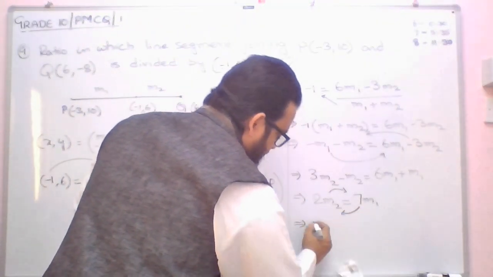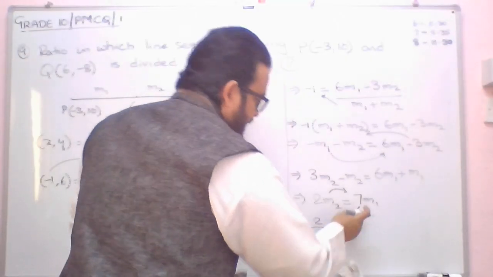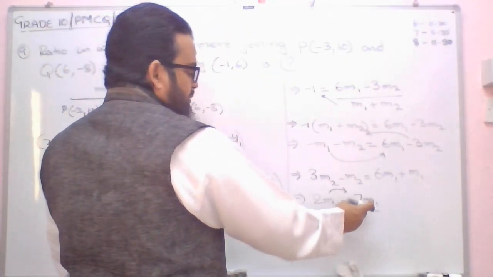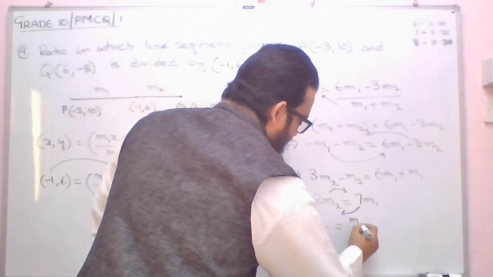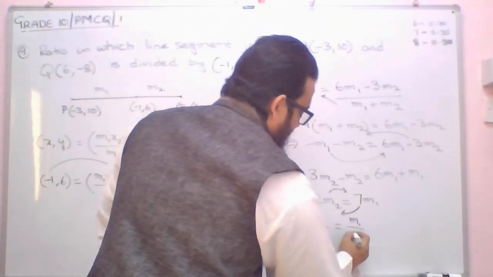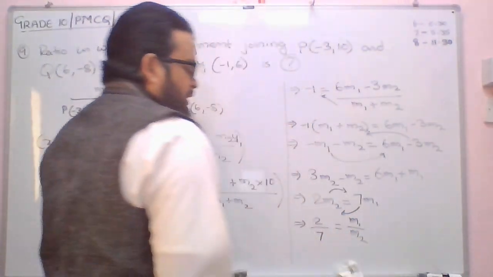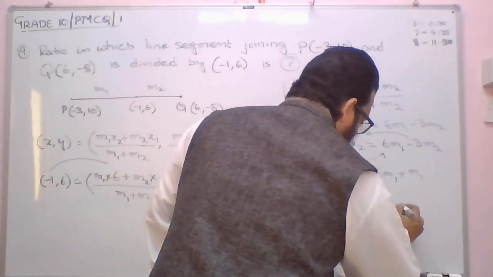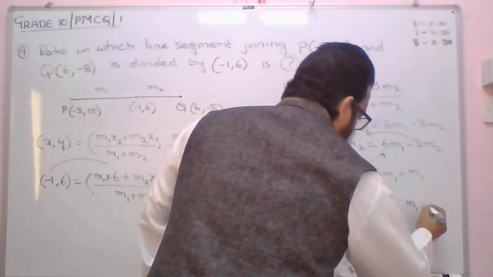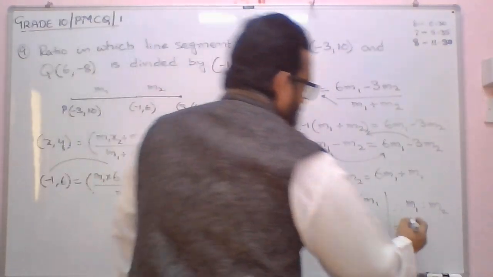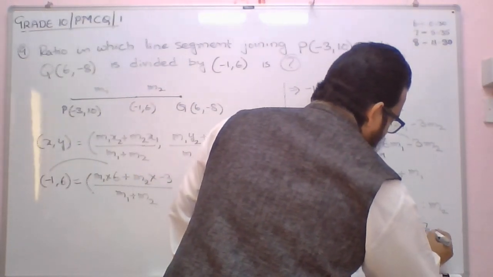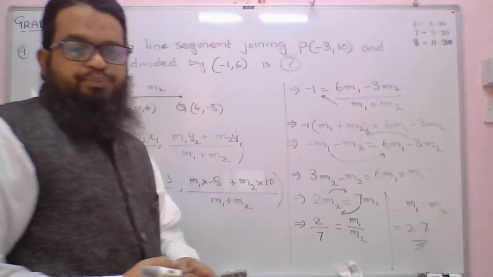Already you have 2, and when you transpose 7, multiplication becomes division, equals m1 divided by m2. So therefore m1 is to m2 equals 2 is to 7.